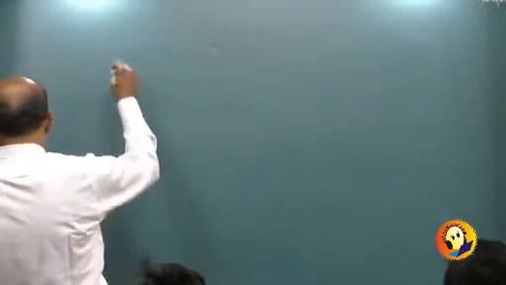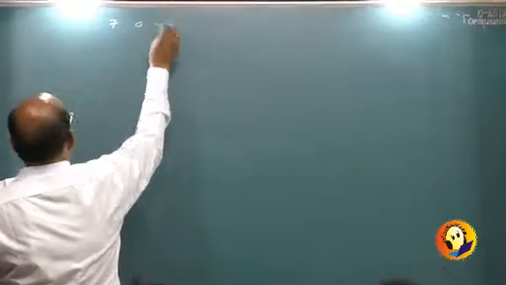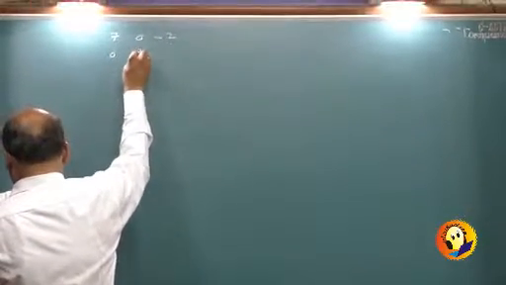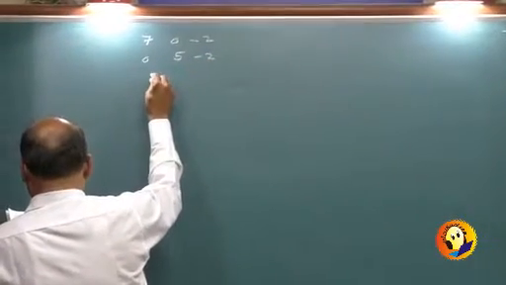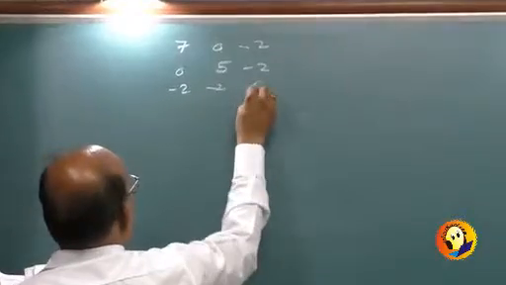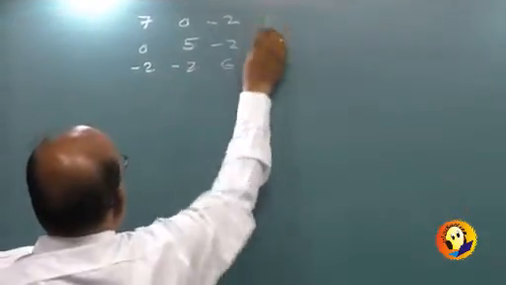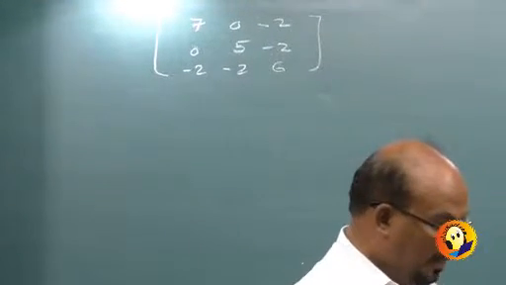Take this one. It is 7, 0, minus 2, 0, 5, minus 2, and minus 2, minus 2, 6. Find eigenvalues and eigenvectors.